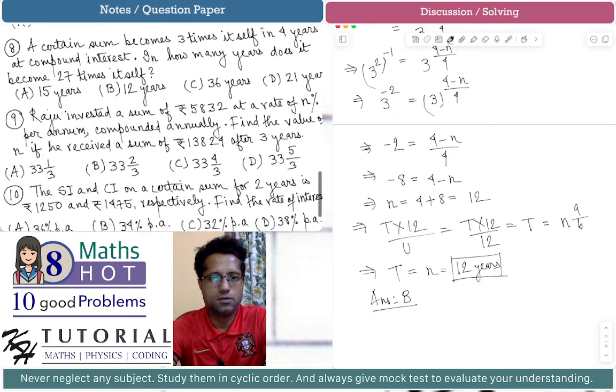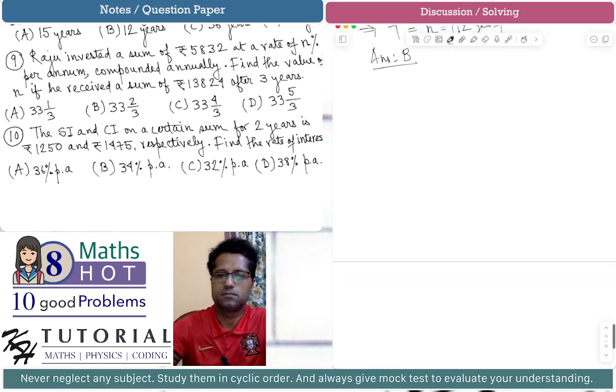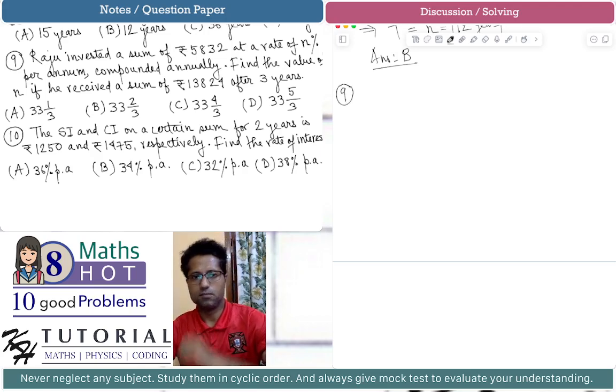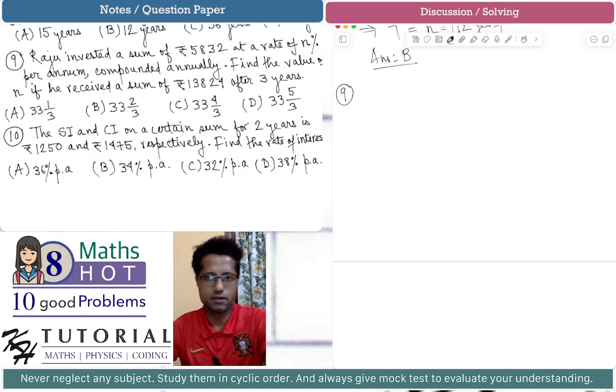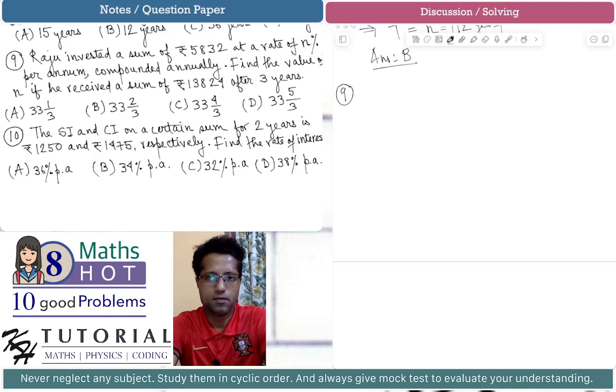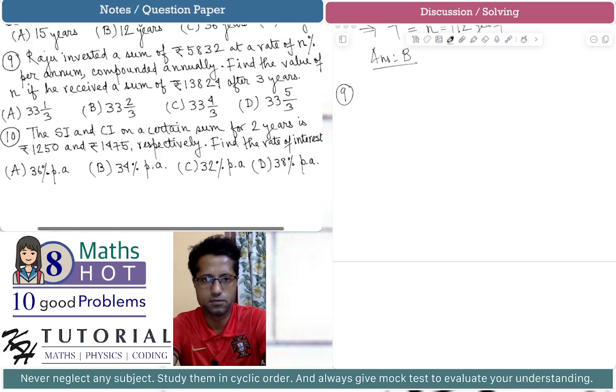Okay, let's solve question number 9. Raju invested a sum of rupees 5,832 at a rate of n% per annum compounded annually. Find the value of n if you receive the sum of rupees 13,824 after 3 years.